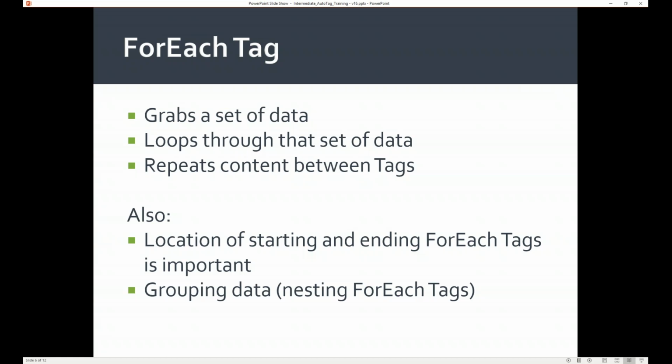I'll show you the importance of where to place these beginning and ending for each tags, and I'll show you the results of placing these tags in different ways. We'll also get into grouping data or nesting for each tags, where I'll show you how to group your data with nested for each tags.